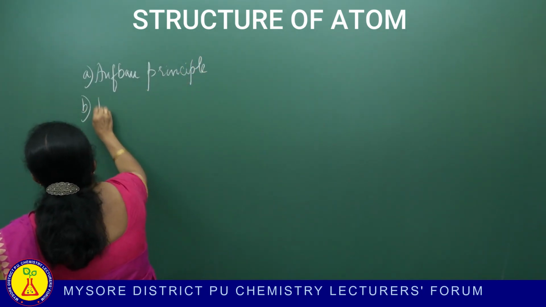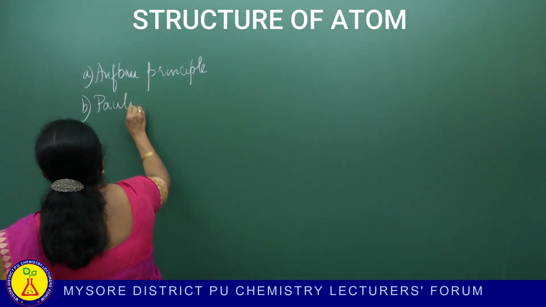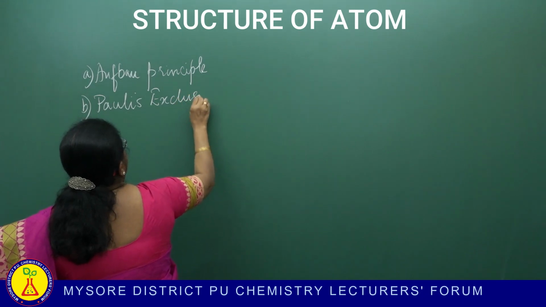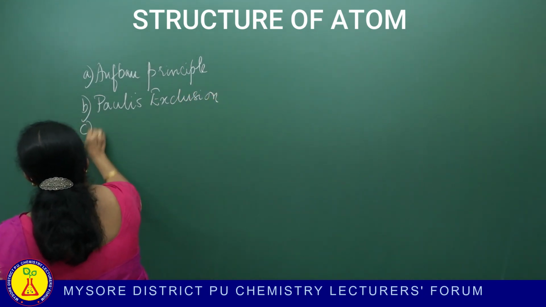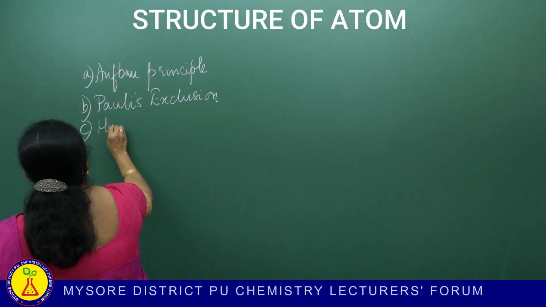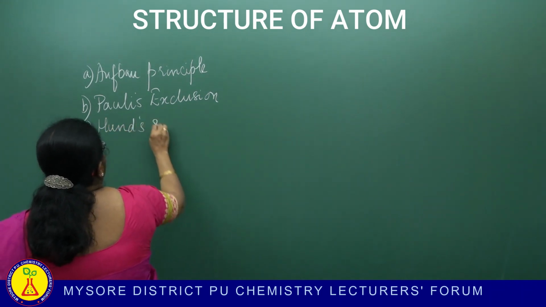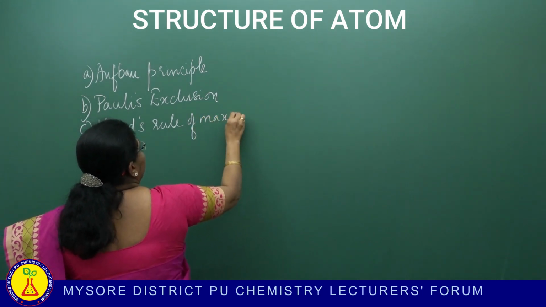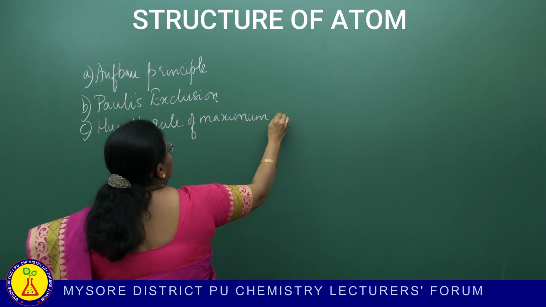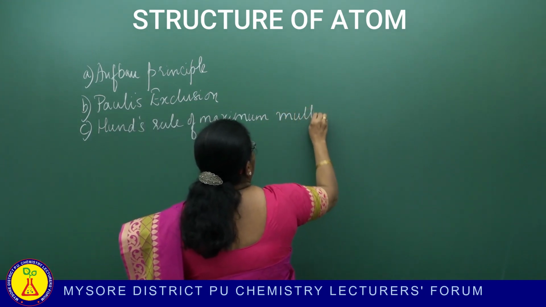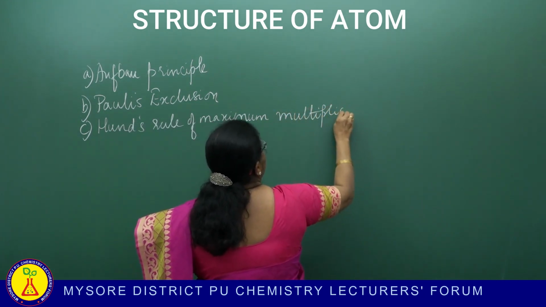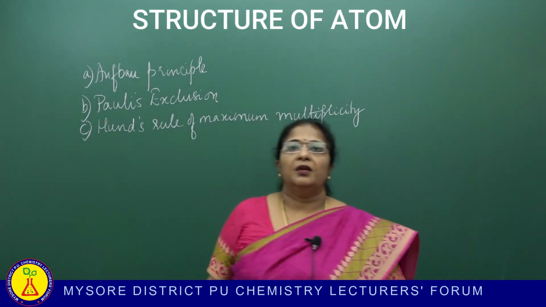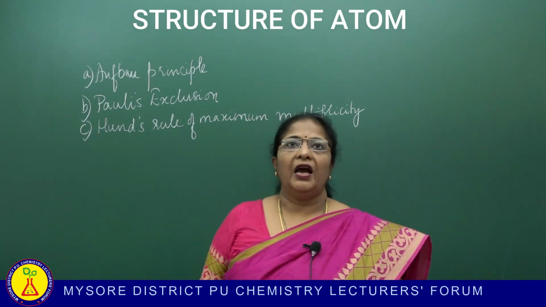Second one is Pauli's exclusion principle, and third is Hund's rule of maximum multiplicity. So let us discuss the principles one after the other.